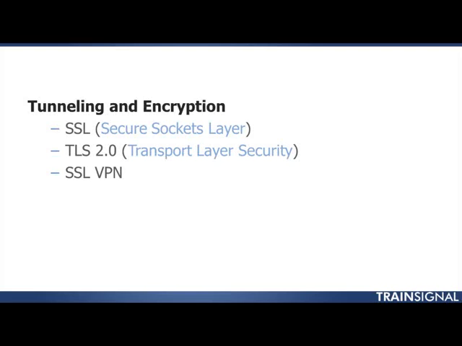That might be the most common place where you will see them used, but it's not the only place that they're used. As a matter of fact, SSL can be used specifically for VPNs. And there is a VPN protocol out there called SSTP, which is the Secure Sockets Tunneling Protocol.